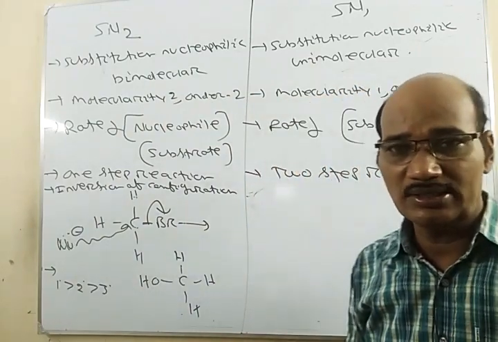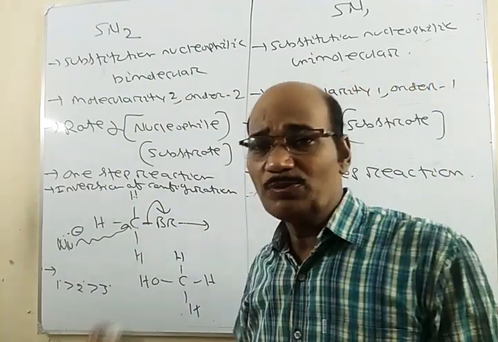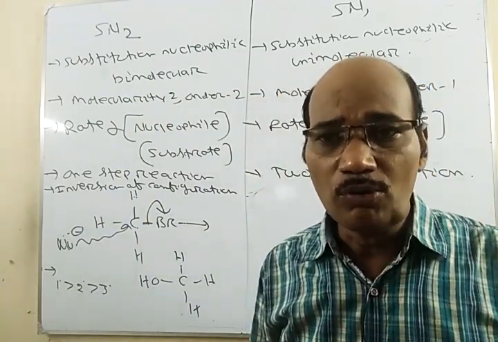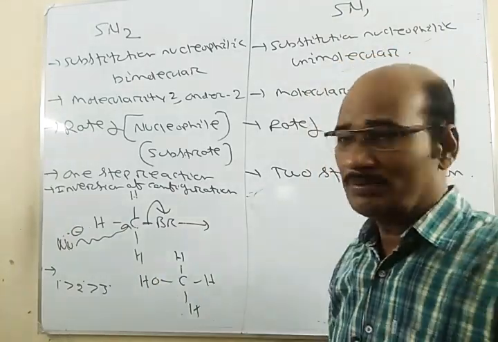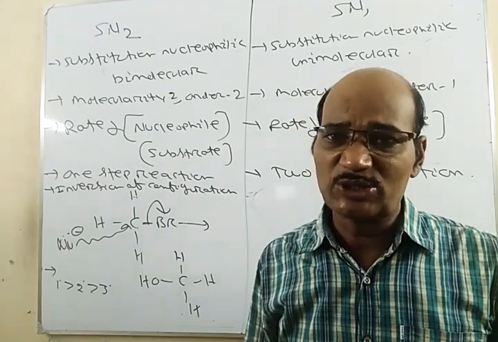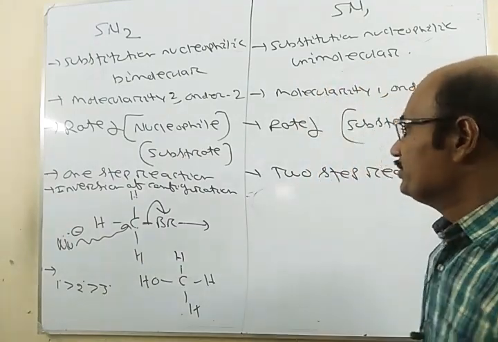That may be a question in the exam: which of the following will respond more to SN2 reactions? You can decide: if the primary is there, that will respond more.